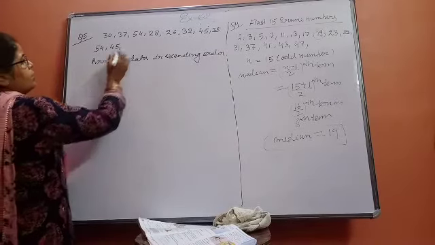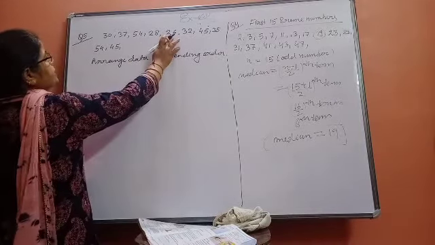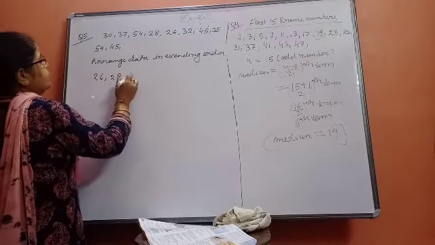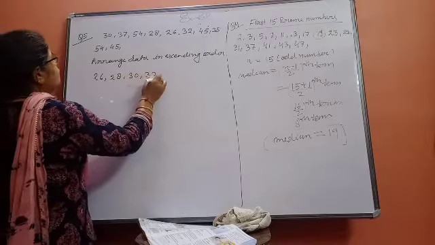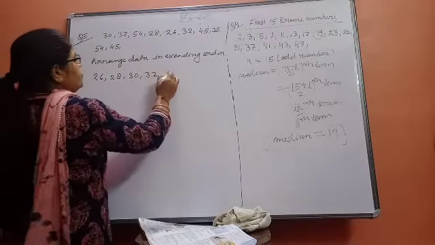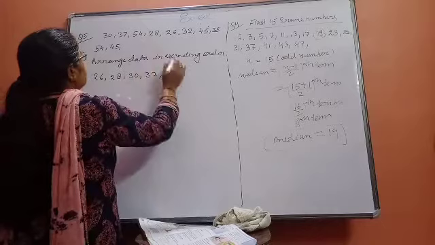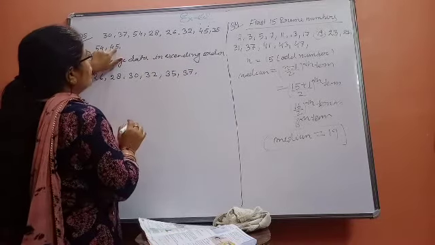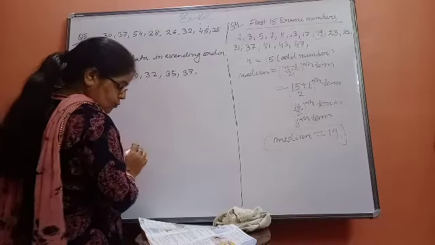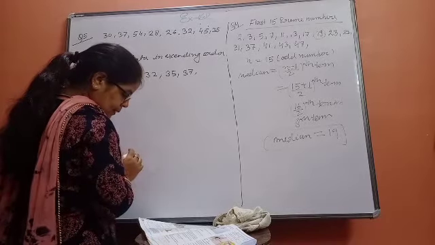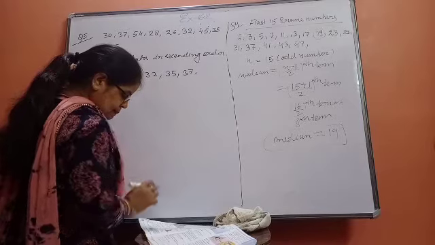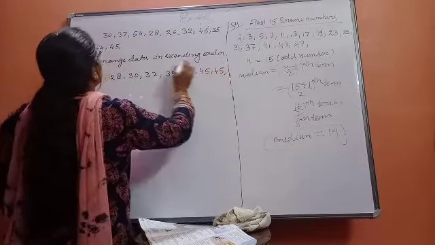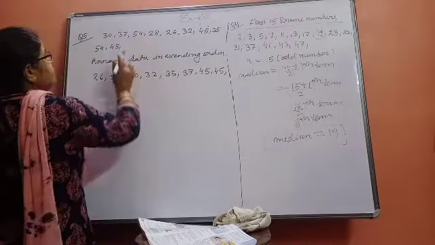First of all, which number will come? Maybe 26 is the smallest one. 26, then 28, then 30, then 32, then 35, afterwards 37. Then after 37, 45, two times 45 is there, and lastly 54 is there.